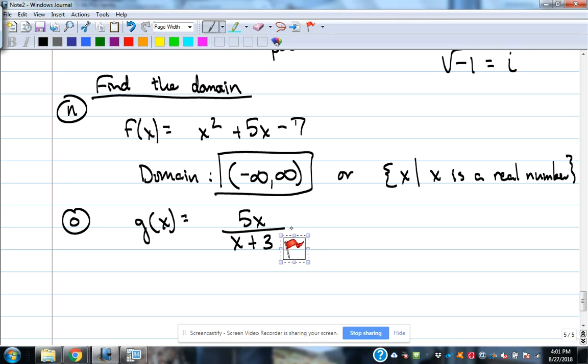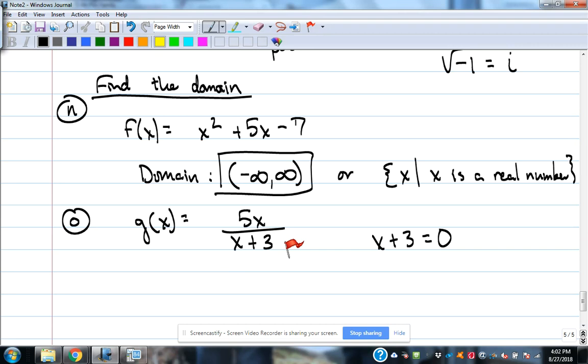Now, what do we do with that? Well, what's the only number that we're not allowed to divide by? 0. So we need to know when the denominator is equal to 0. So we take x plus 3 and set it equal to 0.